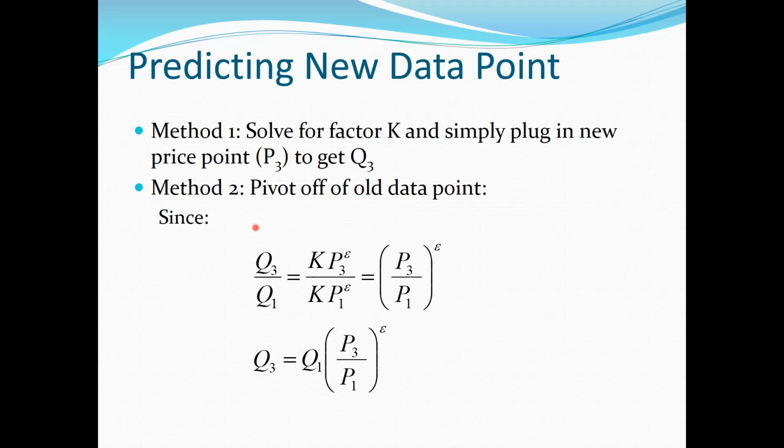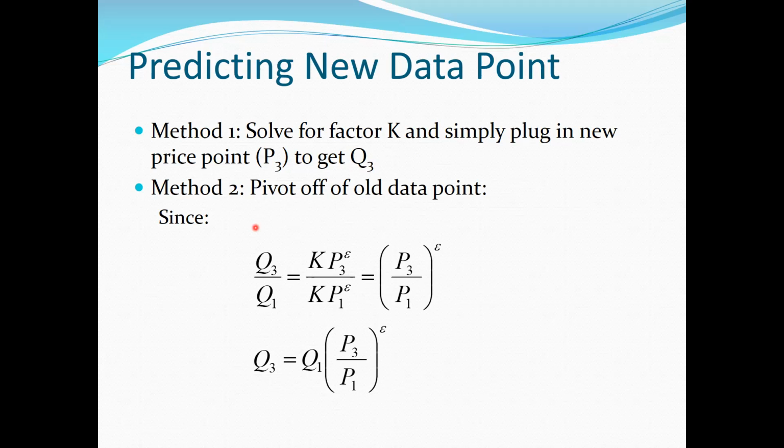You can solve for factor K if you know two data points and you already know your elasticity. Once you know K and epsilon both, it's two equations, two unknowns. If you have two data points, you can get two equations and two unknowns in K and epsilon. Find K and epsilon, and then you just plug that value back into the equation.